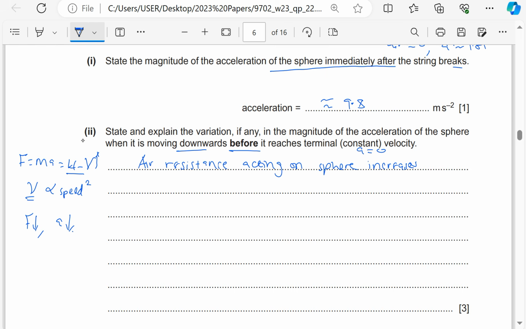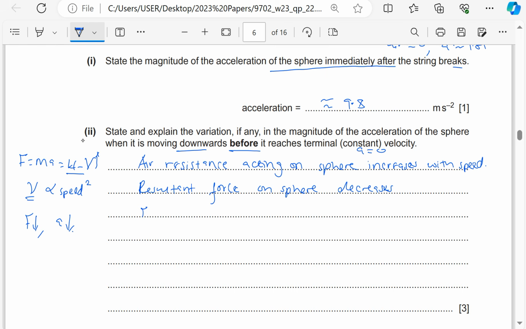Of course, it increases with the speed. That means the resultant force on the sphere decreases.